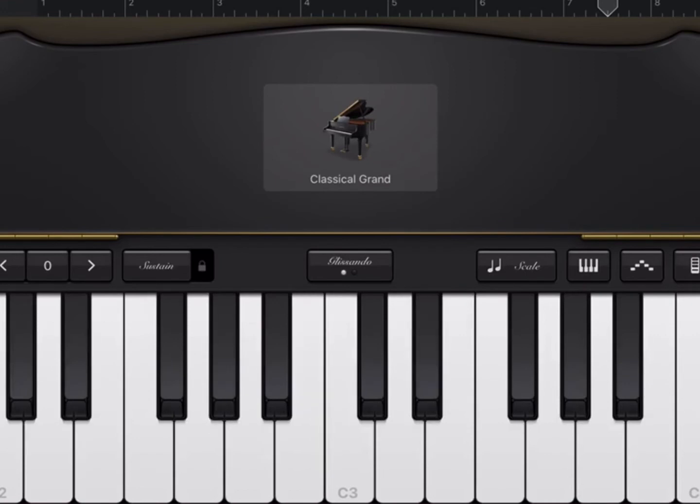So once again, these are examples of minor triads, and they all begin on different notes, but the intervals between the root, the third, and the fifth notes remain the same. It's always a minor third followed by a major third. So as a result, they are all minor triads.